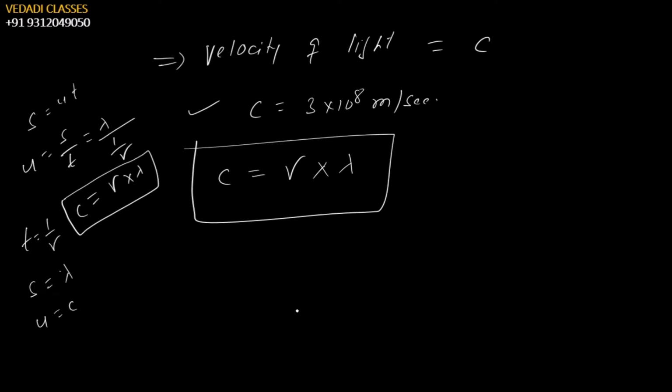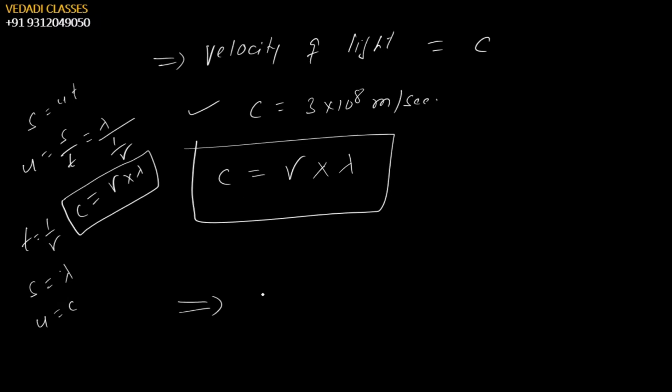It's a simple relationship. Mostly direct questions come from this electromagnetic radiation theory, so you should keep it in mind. Something very important comes from here: how the frequency and wavelength are related.